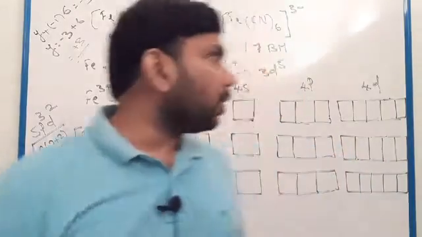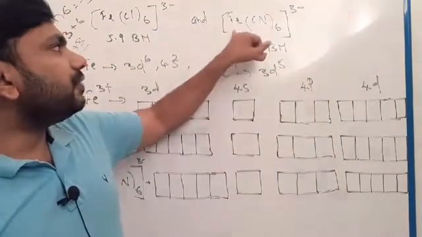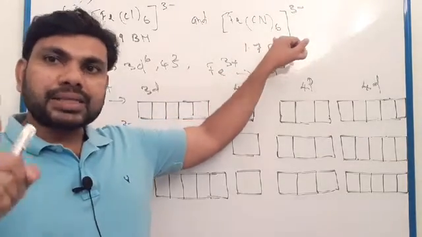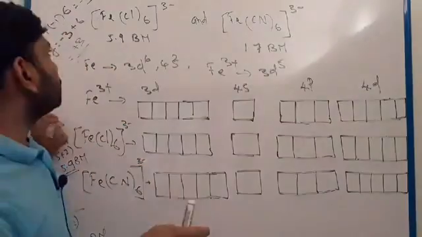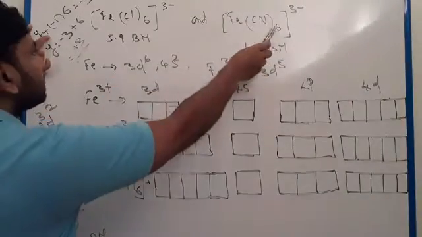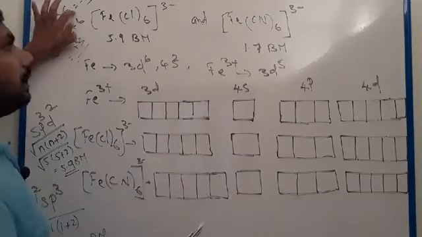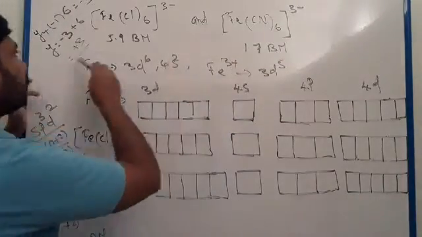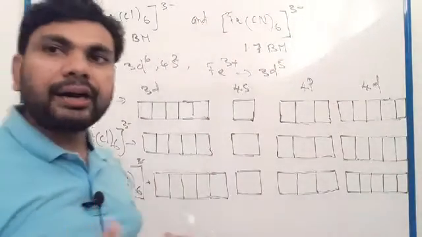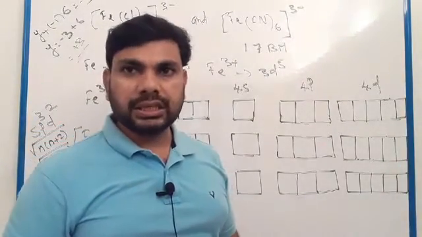Similarly, you can find the oxidation state in [Fe(CN)6]3-. Here CN is also minus 1. Using the same method, y plus minus 1 times 6 equals minus 3, so y equals plus 3. So in both cases iron is in the plus 3 oxidation state.